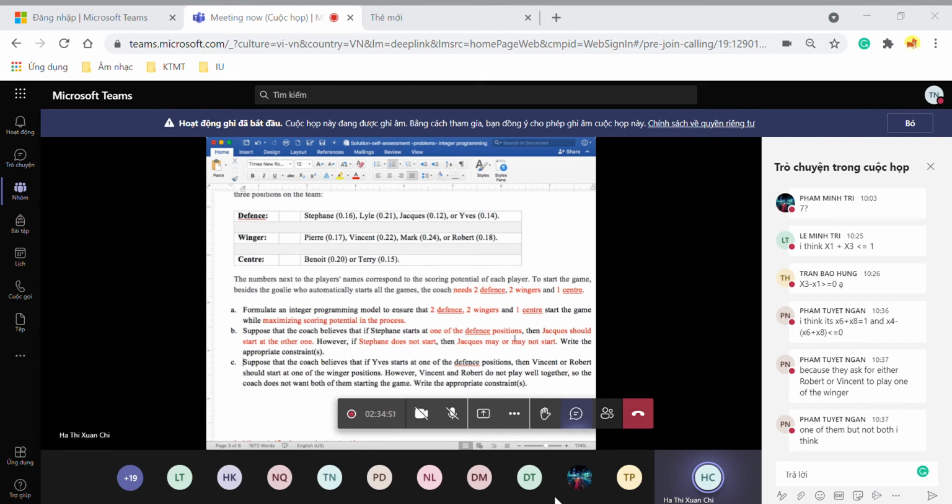They play but do not play well, right? If they played but do not play well, Vincent and or Robert should start. So the coach doesn't want both of them to start again. What about both of them do not start?